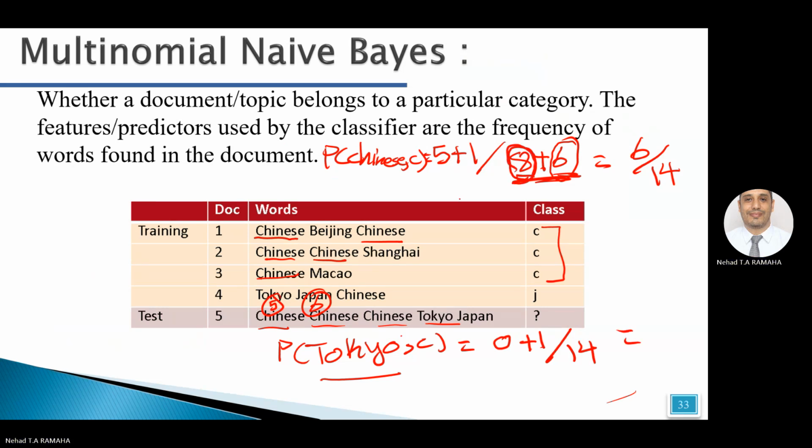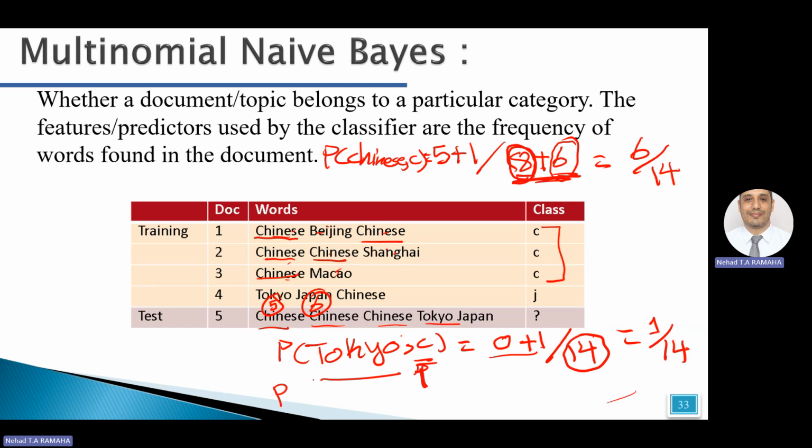How many words for category C? 1, 2, 3, 4, 5, 6, 7, 8, plus different words, which is 6. So you calculate it one time. It will always be the same for category C. So it's 1 divided by 14.